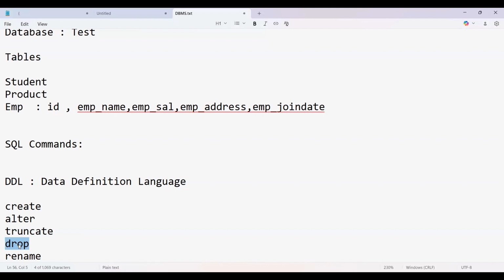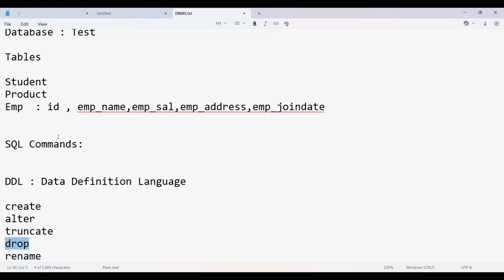If I apply the drop command to the student table or any employee table, it will be permanently dropped from this database. So you cannot revoke it and you cannot get it back.